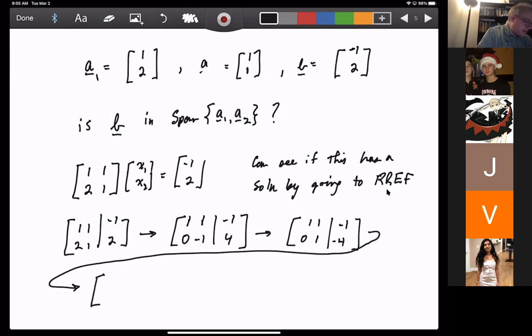And now I can get a 0 above my pivot in the lower right corner by replacing row 1 by row 1 minus row 2. That becomes a 3. And we noticed that we were able to get to the identity on the left, so our system is solvable. In fact, this solution is unique. We don't have any free variables.